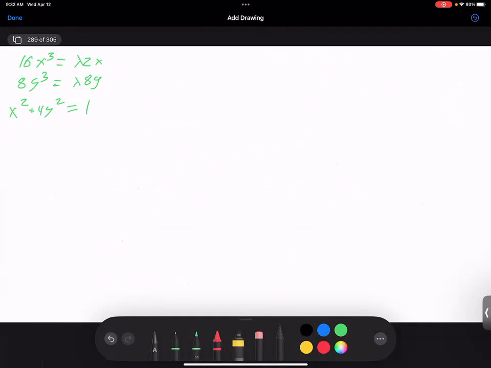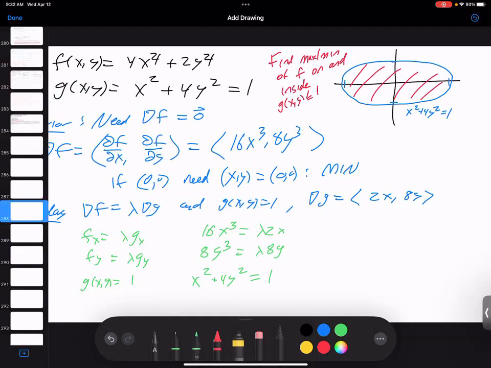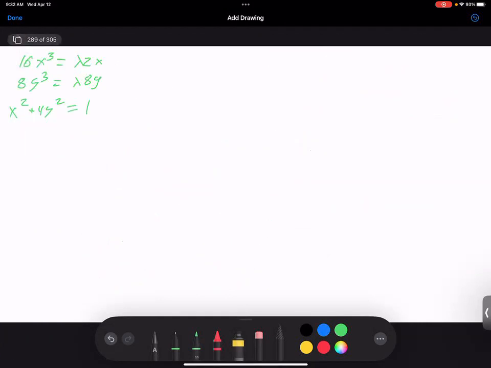Yes. g of x,y is x squared plus 4y squared. So when I take the derivative with respect to x, I get 2x. And then the other one would be 8y. Yep.